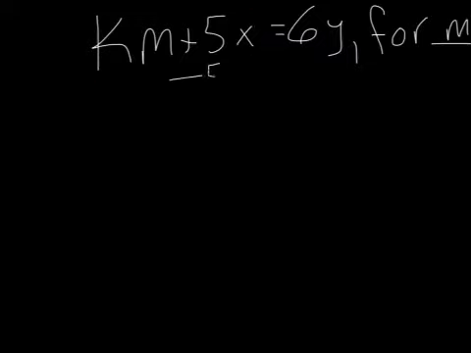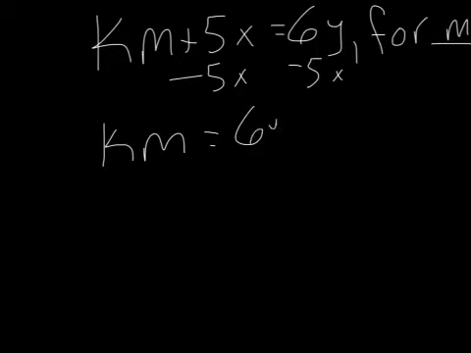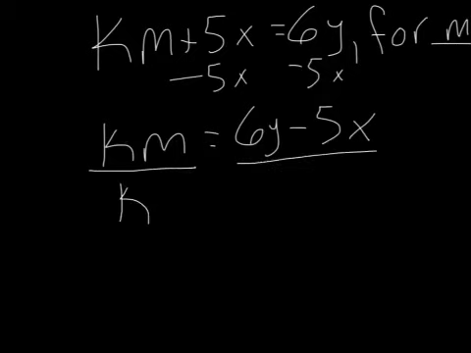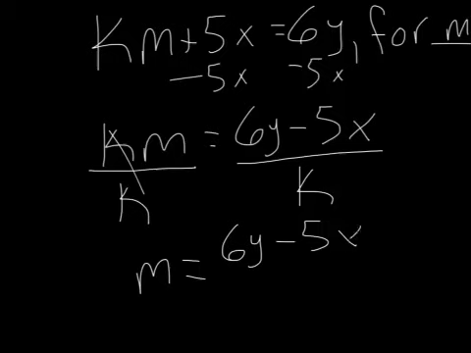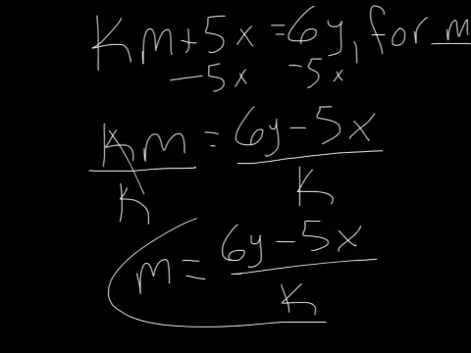So if I minus 5x from both sides, we're going to get k times m equals 6y minus 5x. Remember, we can't put those together because they're not like terms. And now my last step, I have k times m, so opposite of that would be to divide by k. I want to divide this whole side by k. Those are going to cancel. We're going to get m equals 6y minus 5x all over k.